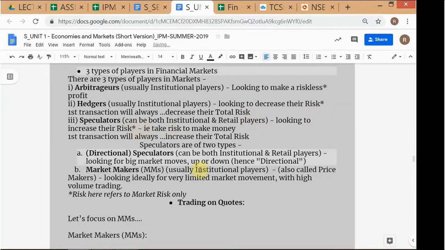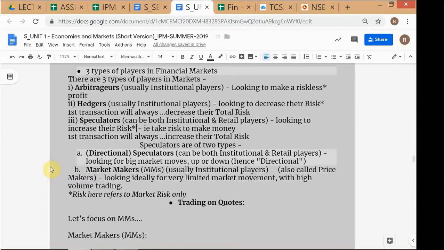Same asterisk. So when we are talking about risk here, we're only talking about market risk. There are many types of risk which we will study later, but for now all you need to understand is that there are many categories of risk, and there's one category of risk which is called market risk.